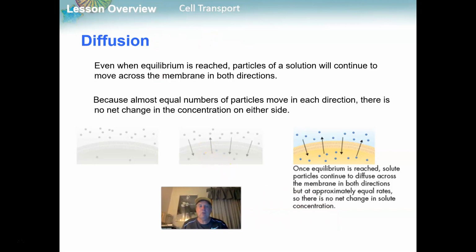Even when equilibrium is reached, particles of solution will continue to move across the membrane in both directions. Because almost equal numbers of particles move in each direction, there's no net change in the concentration on either side. So here we had a lot of concentration on the outside, a little bit on the inside, and now the concentration outside wants to come on the inside till things are equal, which we call equilibrium.